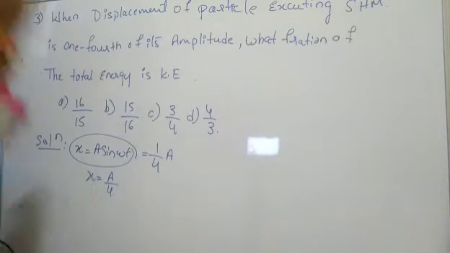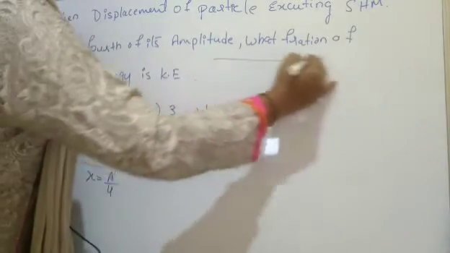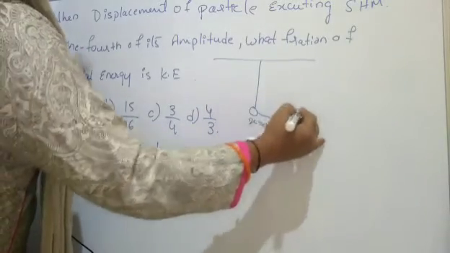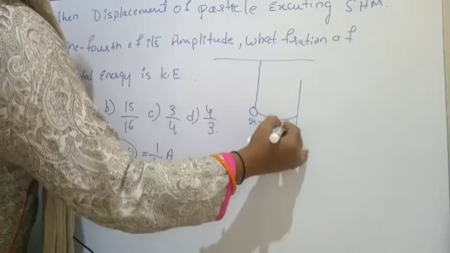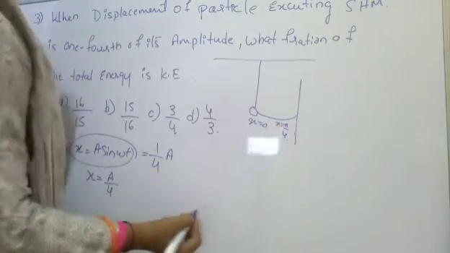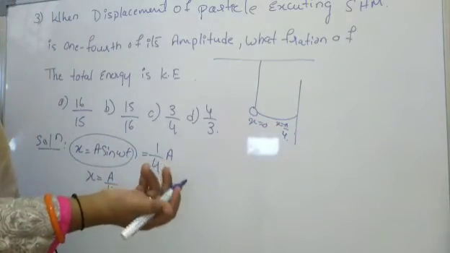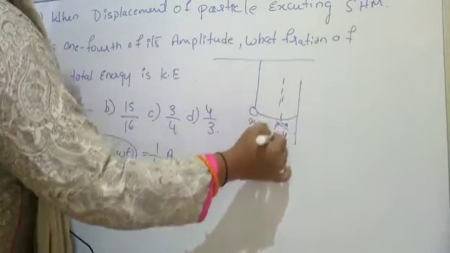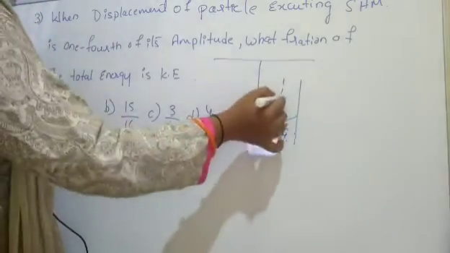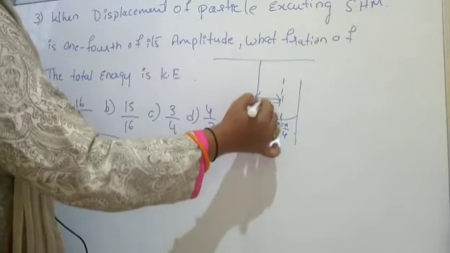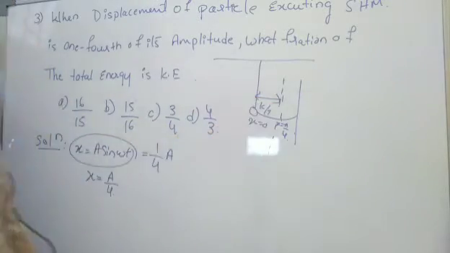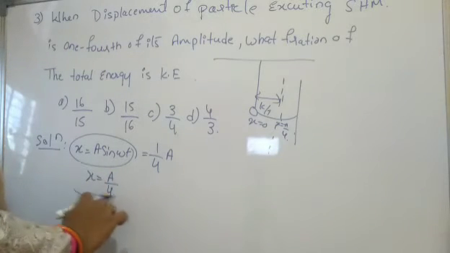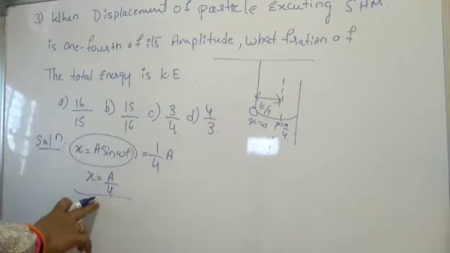It means the particle is at position x equal to A by 4, or else 1 by 4 A. So it is at this position. We need to find the ratio here. They have asked for the kinetic energy and the total energy of this. x is got here as A by 4.